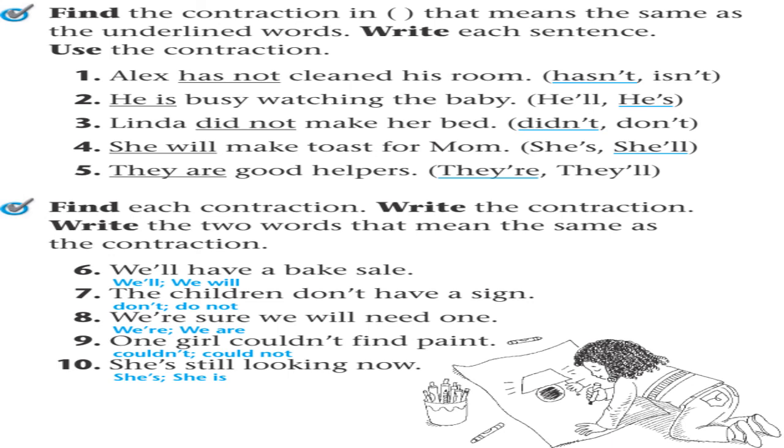And it's formed by putting the two words together, could not. Number 10, she's still looking now. The contraction is she's. That's formed by putting the two together, she and is. She is.